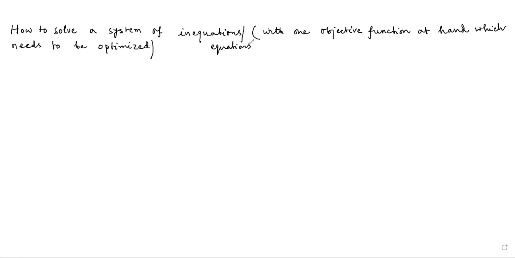So we are going to solve that particular system where one objective function will be there, which needs to be optimized. By optimized, I mean we want to maximize the objective function or we want to minimize the objective function, as the case may be. Okay, so I'm going to talk about how to do this.